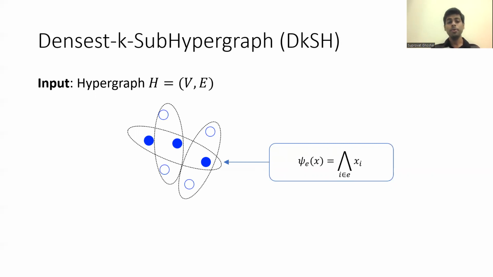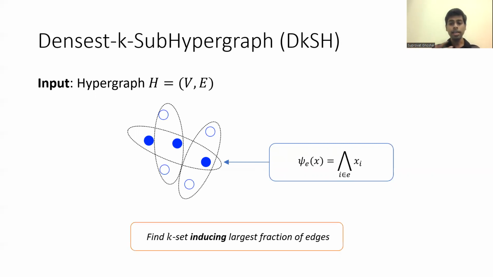This tells us that in the biased CSP objective we are trying to find k 1s in the hypergraph which make sure that the maximum number of hyperedges have all their vertices labeled as 1s, which is again the same as trying to find k vertices in the hypergraph which induce as many edges as possible, which is again exactly the Densest-k-SubHypergraph problem.